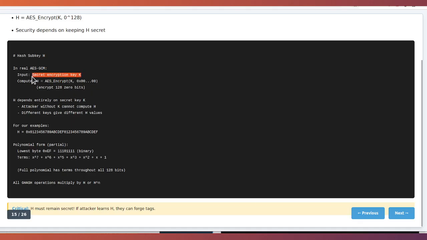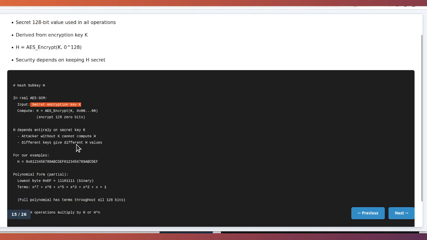For our examples, we will use a specific value of H to demonstrate the calculations. Let us set H equal to 0x01...EF. This is a 128-bit value represented as 32 hexadecimal digits. In polynomial form, H represents a polynomial with many terms.